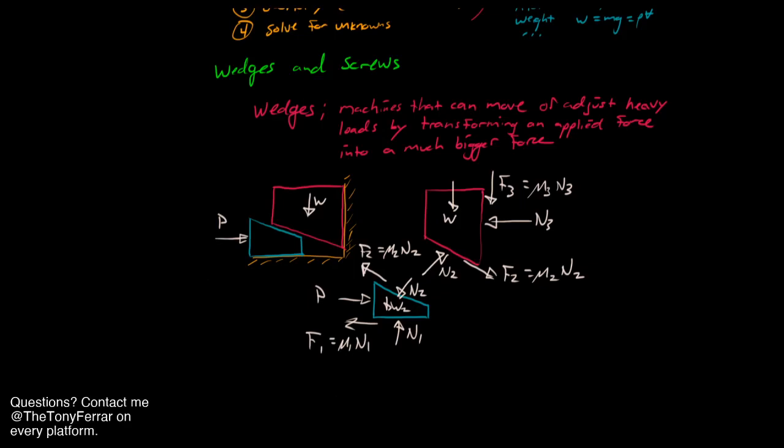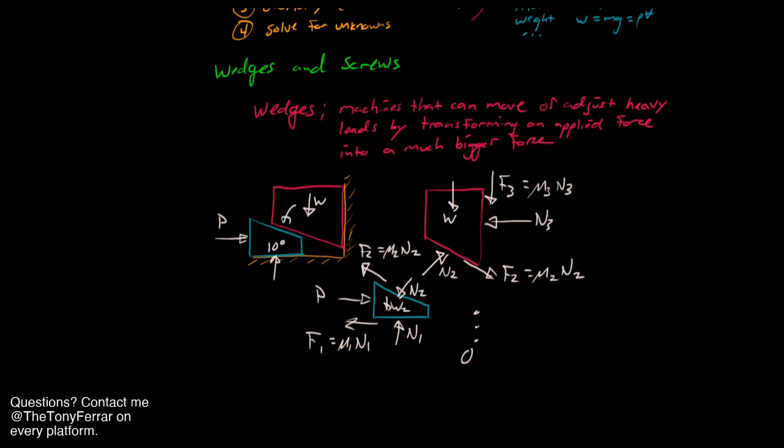What I want you to see here is, again, because we have common forces that are equal and opposite to each other, we get to write a grand total of 6 equations, and we could solve for up to 6 unknowns, which we have. Just to give you an idea of the power of a wedge, imagine if the angle that this wedge was cut at happened to be 10 degrees.